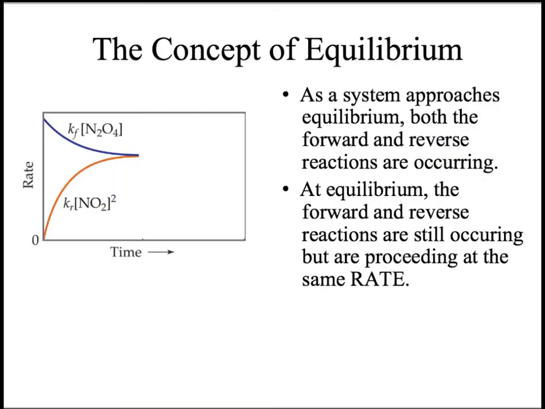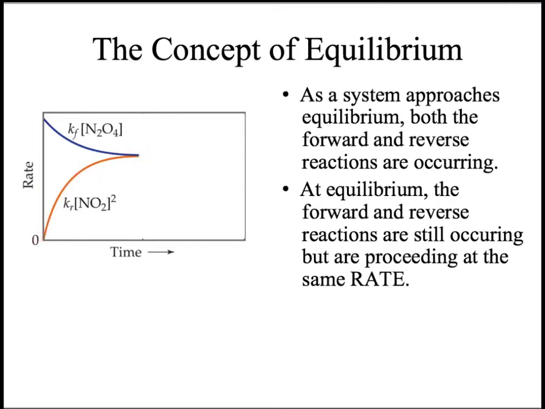So if you graph the rate of reaction against time for that reaction on the last page, you'll see that the rates of reaction at equilibrium are the same once that system comes to equilibrium. You'll notice that this is the rate of reaction of the reactants, or the forward reaction, and this is the rate of reaction of the reverse reaction.